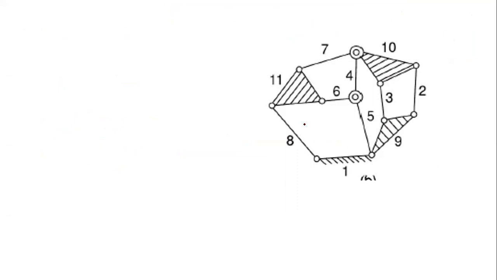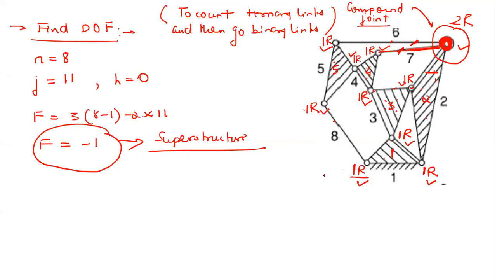Okay, so in this case, sir, I have a doubt. Yeah, ask. Sir, in the previous question, you have written the degree of freedom is -1 and you have written superstructure. So what do you mean by that? Basically, see, if the degree of freedom is 0, then we know that this mechanism is not going to move in any way, right?